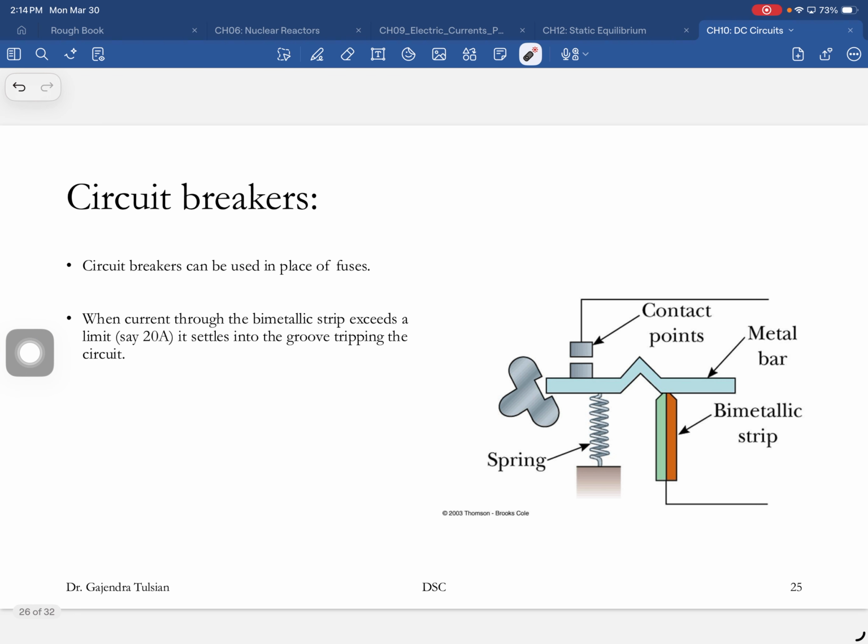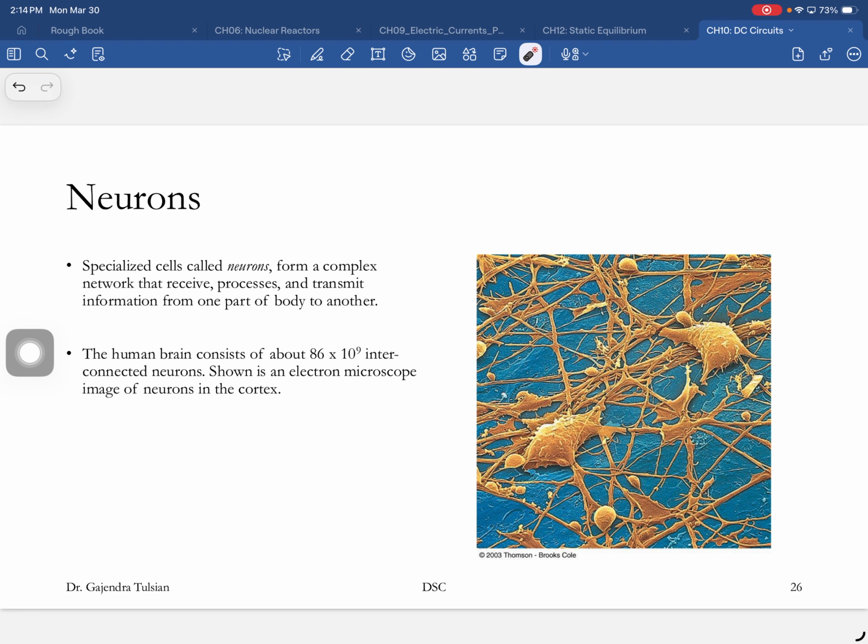Here's a nerve impulse. At this location, instead of minus 70 millivolts being the voltage inside the axon, the voltage is plus 20 millivolts. So here's a voltage spike. We'll come to how that happened.